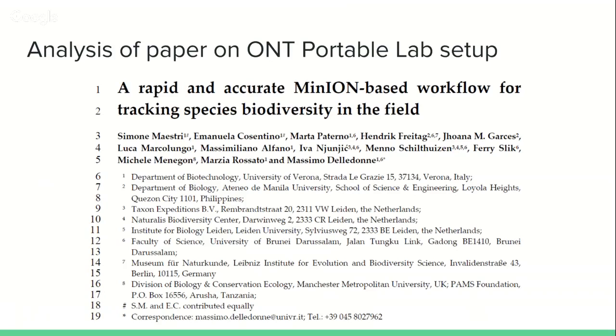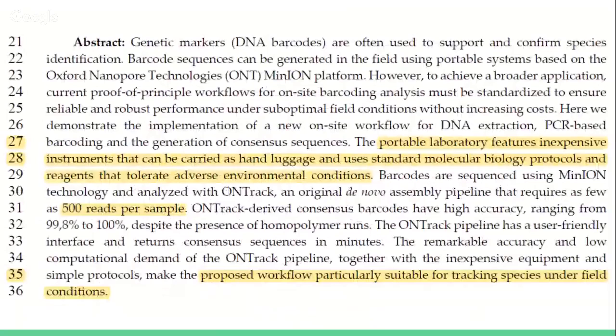And the paper describes what is needed, the setup that they've put together for an end-to-end lab setup to do everything from sampling to sample extraction, DNA preparation, sequencing, and bioinformatic analysis as well. That's included in this portable lab setup.